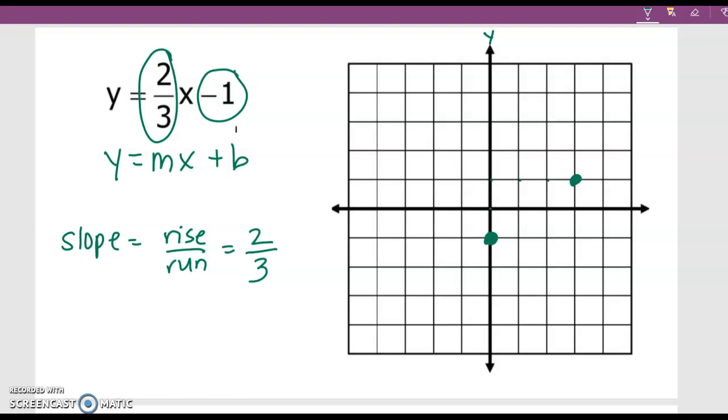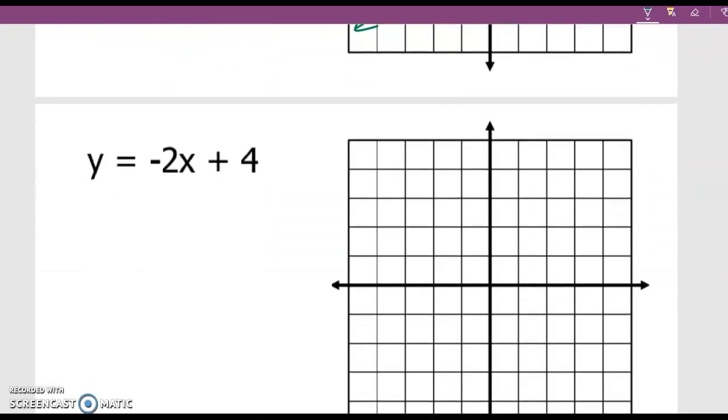Notice my slope is positive, so it should be puff, puff, positive going uphill, and it is. We're in the right pattern here. Now, if you want to go the other way, if you go down 2, you just have to go back 3, and it would be on the same line. And then you can draw a line through your points. So make sure it's solved for y, make sure it's in slope-intercept form. If it is, you graph your y-intercept, and then you use your slope to get a couple more points.